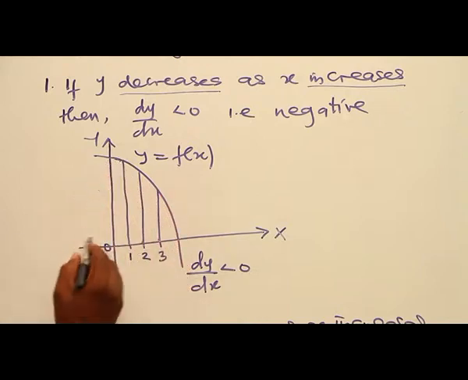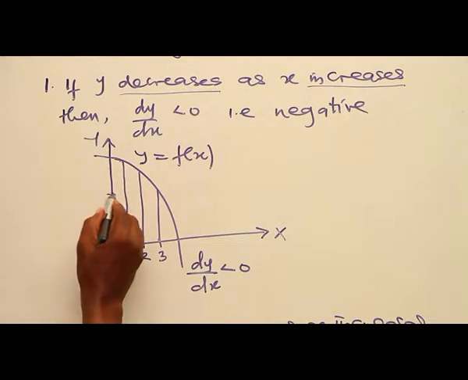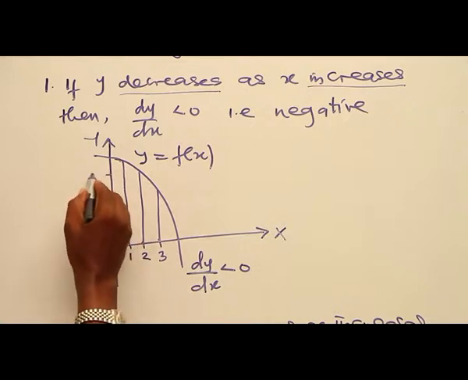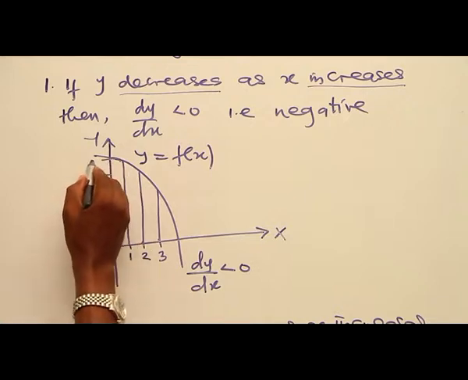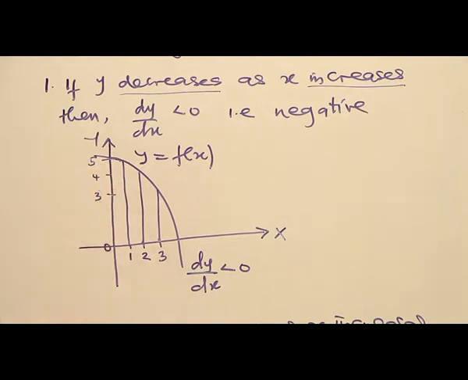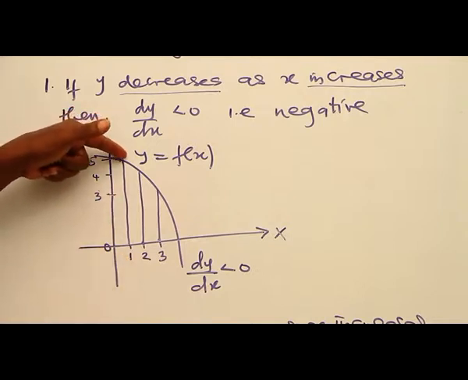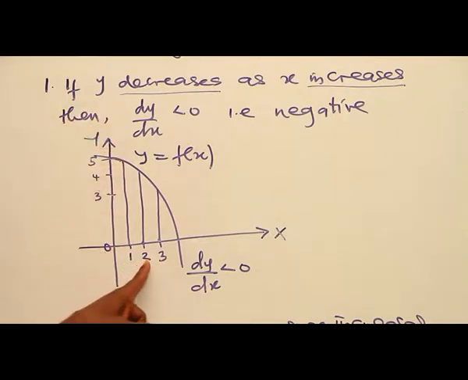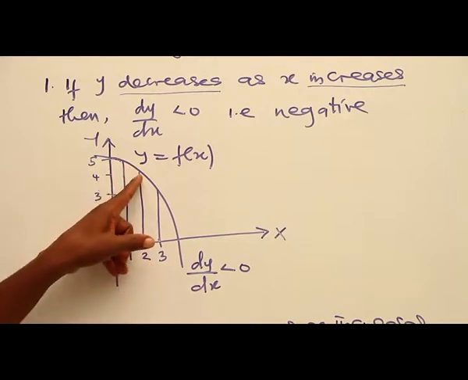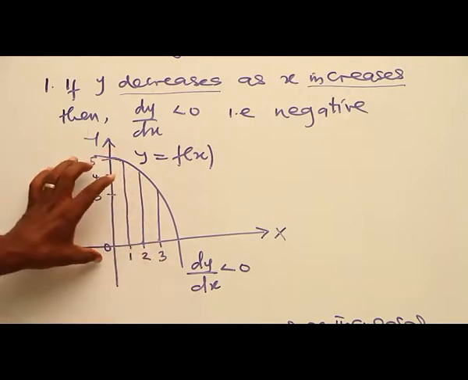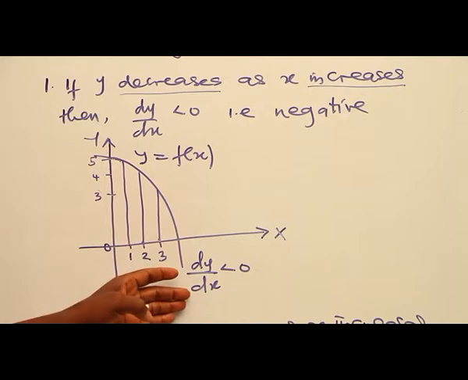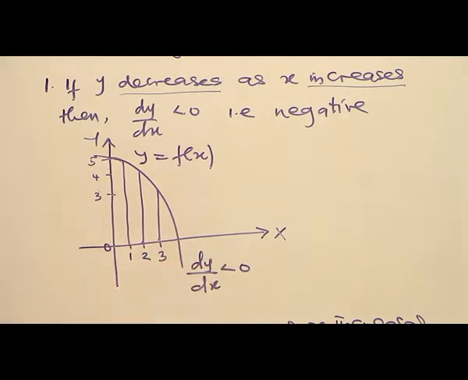Maybe this point here is 3, this point is 4, this point is 5. You realize that as s is increasing, when s is 1, y is 5. When s is 2, y is 4, it is decreasing. In this condition, dy over ds is less than 0.